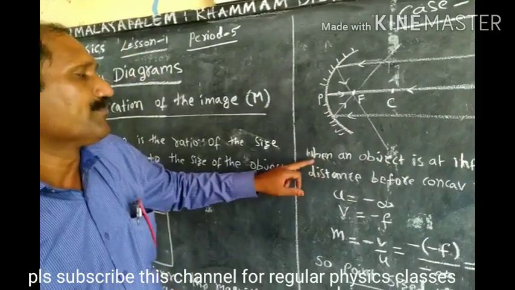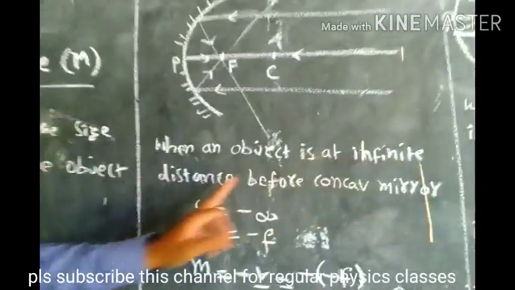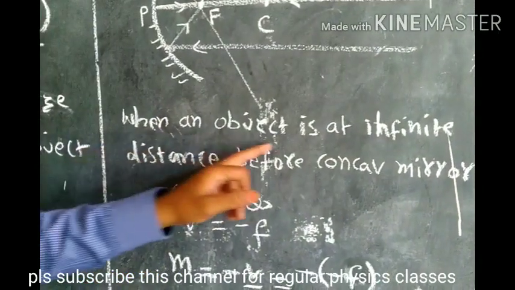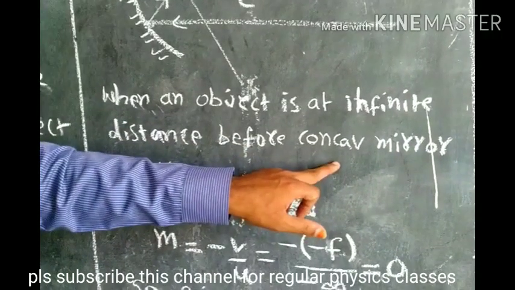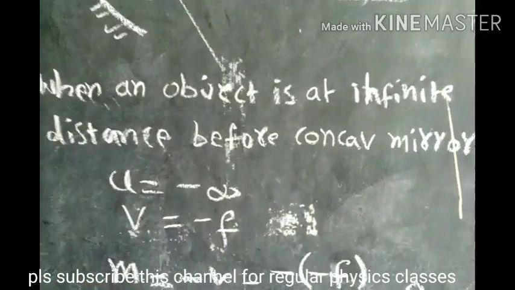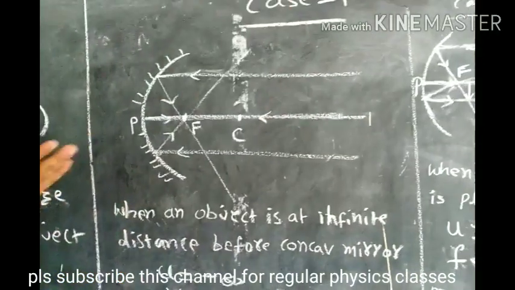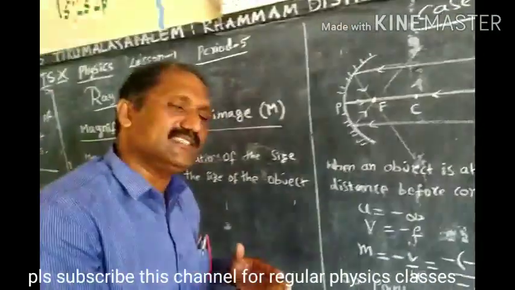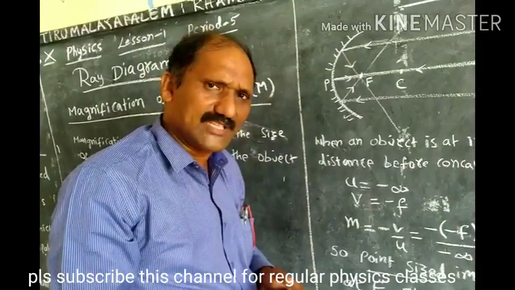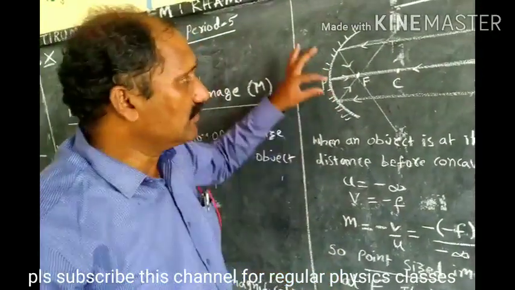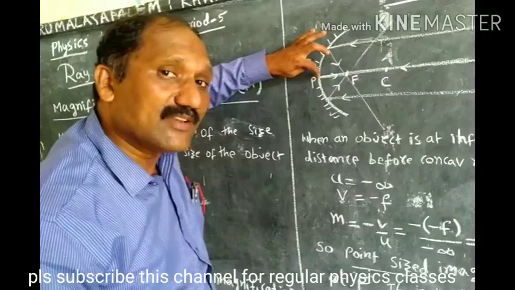Here when an object is at infinite distance before the concave mirror, U means the object distance. Here we said the object is at infinite distance, but the measurement should be taken from the pole.